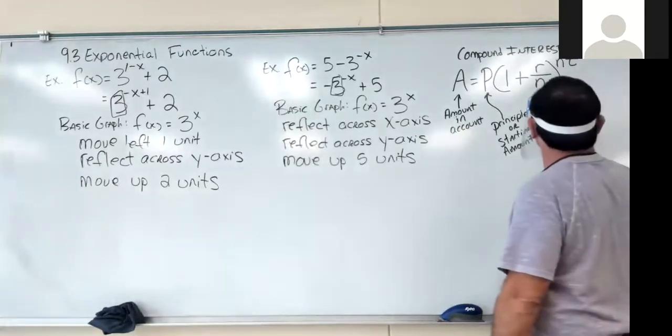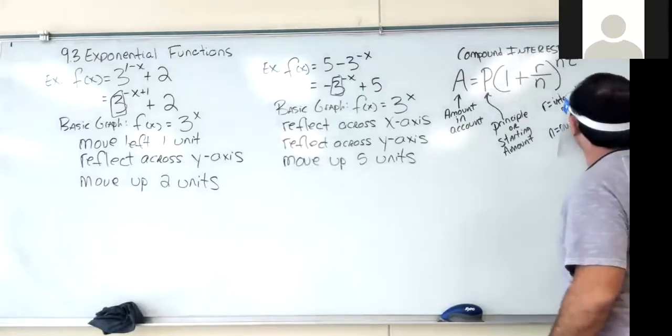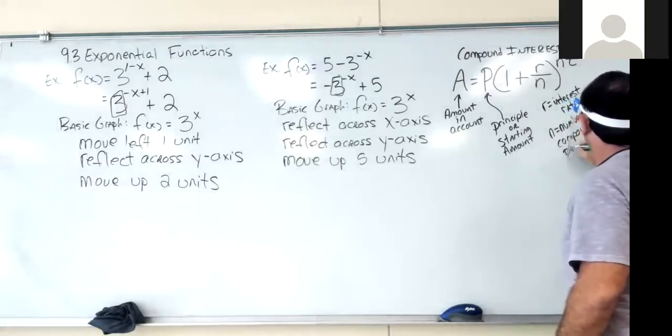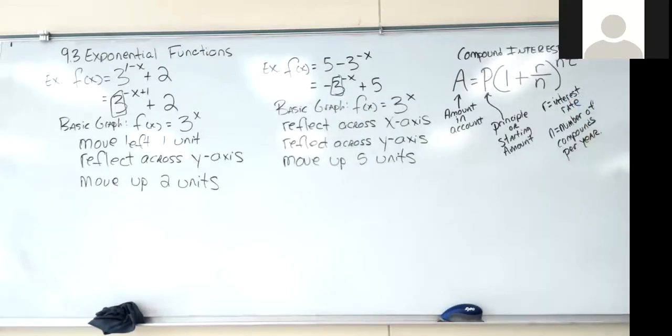What about the n? Something different on this one. How about the number of compounds per year? So that's the number of compounds per year. So that would either be 1, 2, 4 in this class usually. I haven't seen anything bigger.